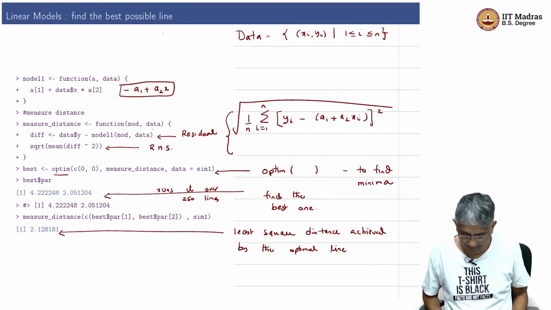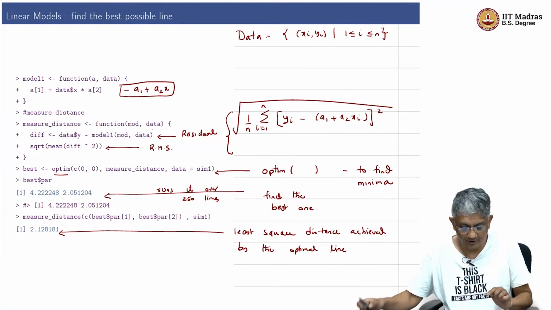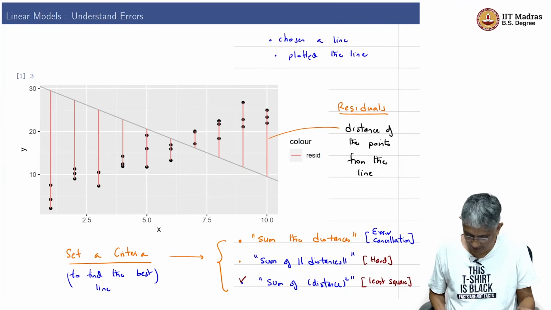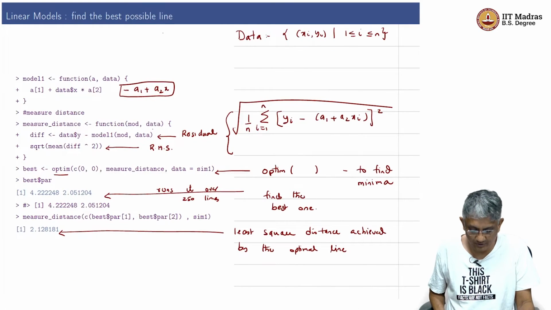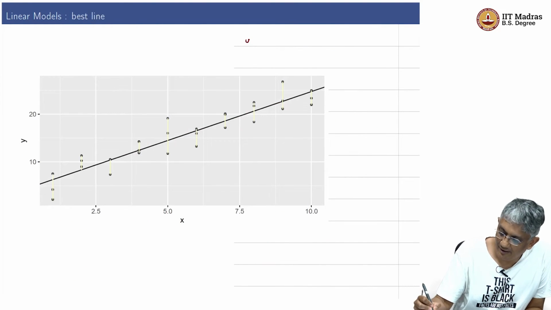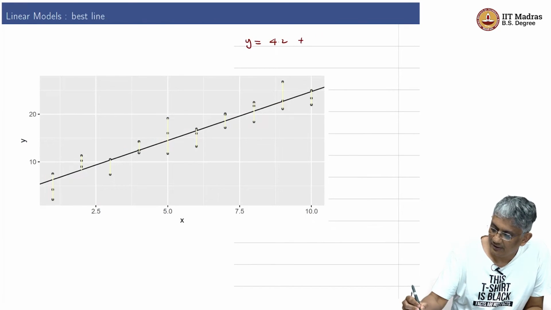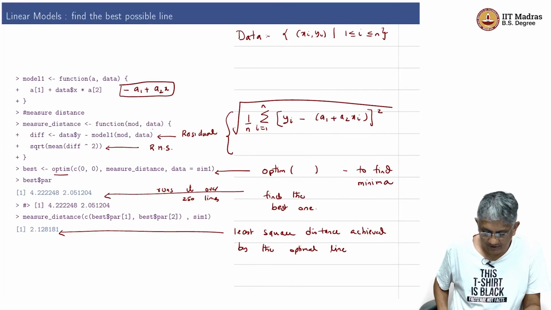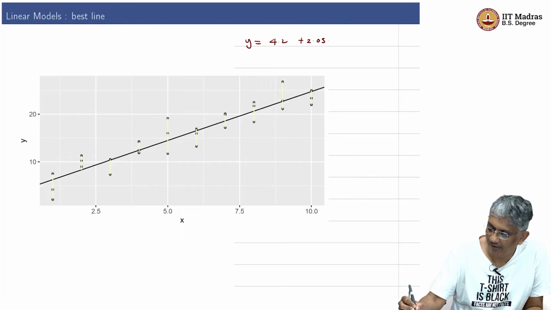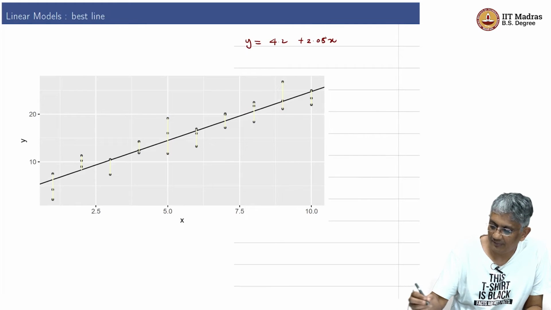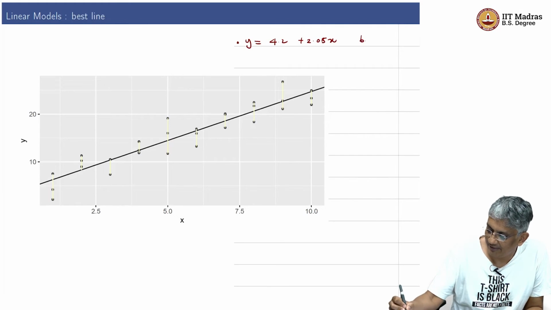I've taken A1 as 4.22 and A2 as this one. So here I'm plotting the line y equal to 4.22 plus 2.05 times x. That's the best line.